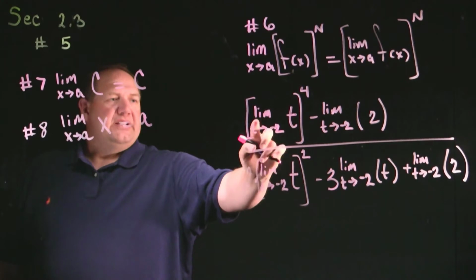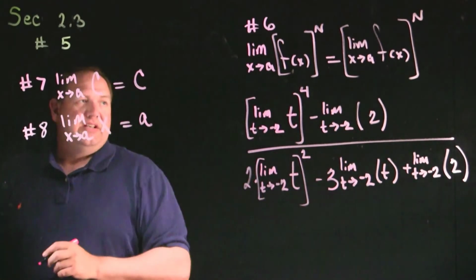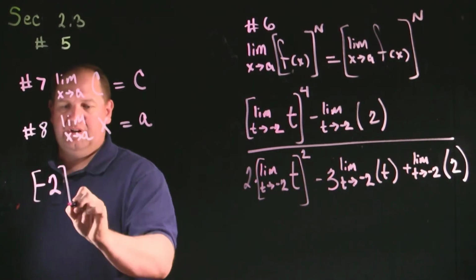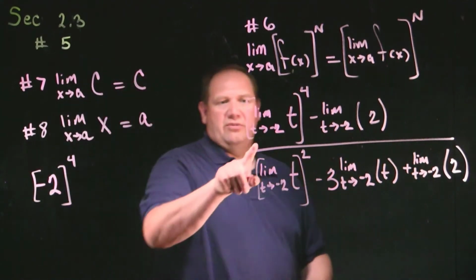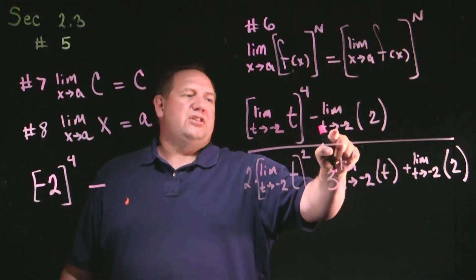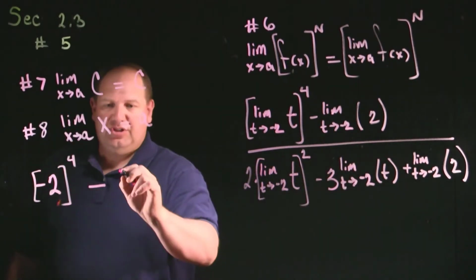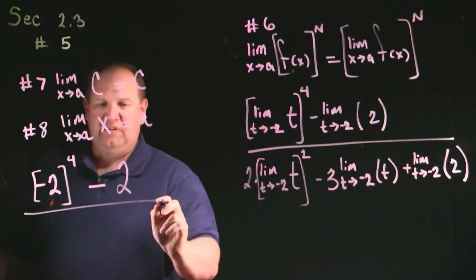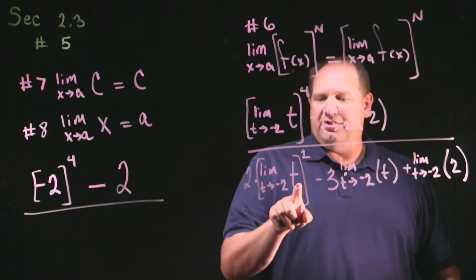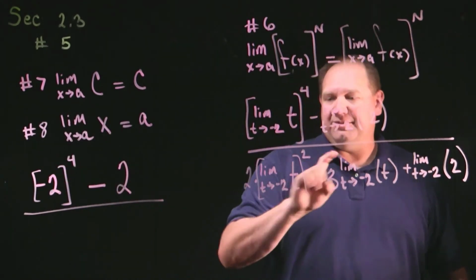The limit as t approaches -2 of t. Well, using limit law number 8, that's just equal to -2. But that's still all being raised to the 4th. Minus the limit as t approaches -2 of 2, that's limit law number 7, so that's just equal to 2. Then 2 times the limit as t approaches -2 of t, again, that's limit law number 8, then we have to square it.